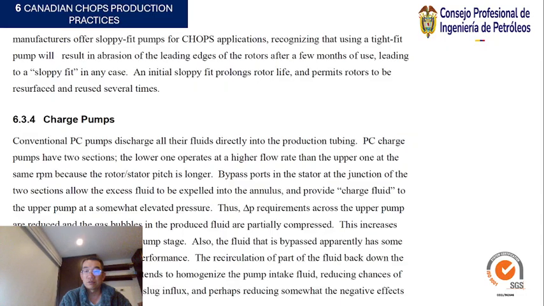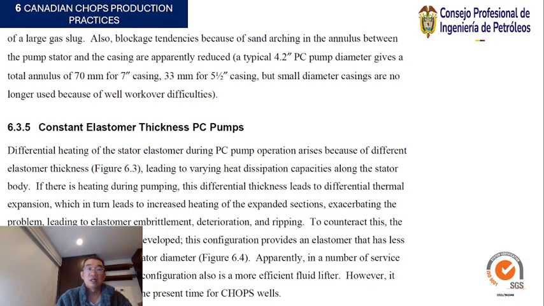The fluid flowing back down the annulus across the perforations tends to dilute the pump intake fluid, reducing chances of pump blockage by sudden sand slug influx, and perhaps reducing somewhat the negative effects of large gas slugs. Also, blockage tendencies because of sand arching in the annulus between the pump stator and the casing are apparently reduced.